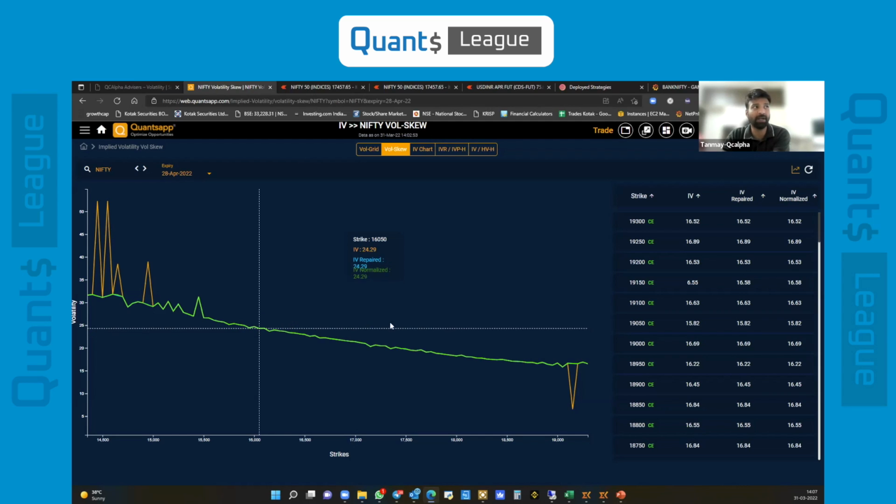So this happened after the event, and as events keep on happening, after any event there is a sudden burst on the whole surface, and the whole smile or whole option chain is going to get priced differently. Now, when that happens, there is an edge available which can be benefited from by trading that risk premium.